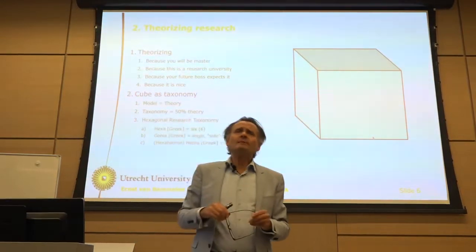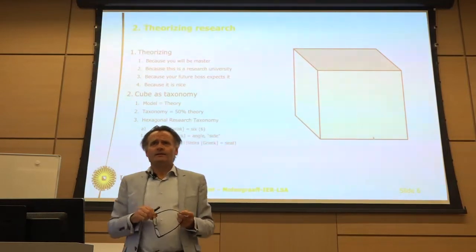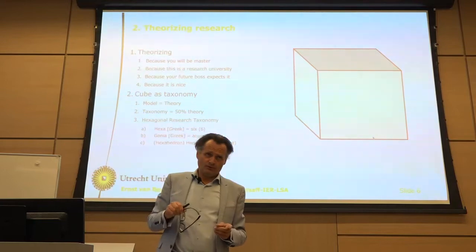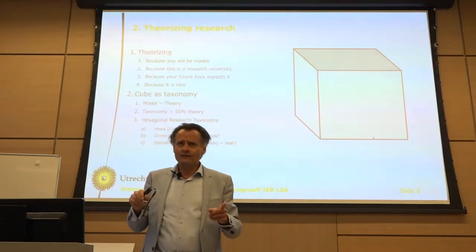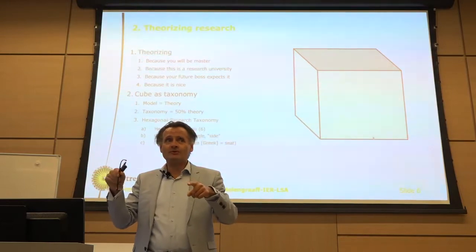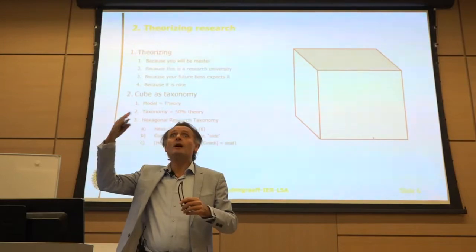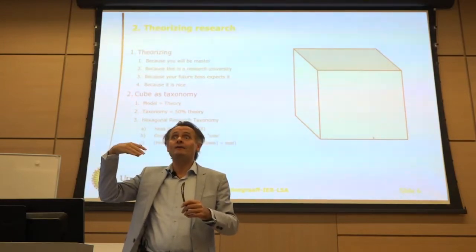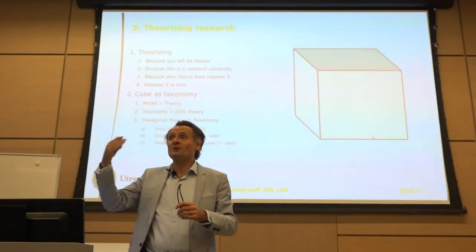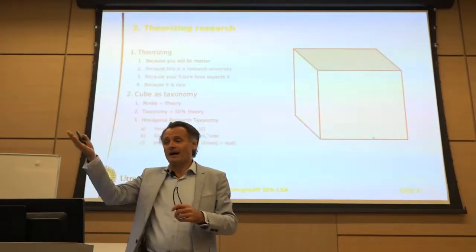I mentioned it already, but just to be clear, theorizing is important because on the website of Utrecht University and equal master programs, the claim is that this is sort of the highest degree, and if we are not professional thinkers, who will? And so theorizing and thinking belongs to masters.